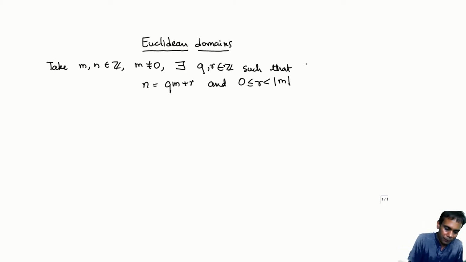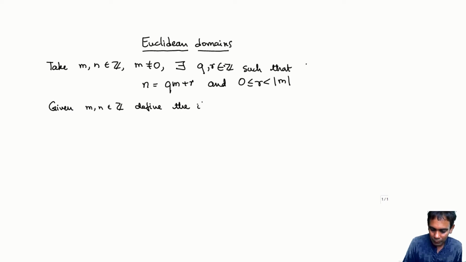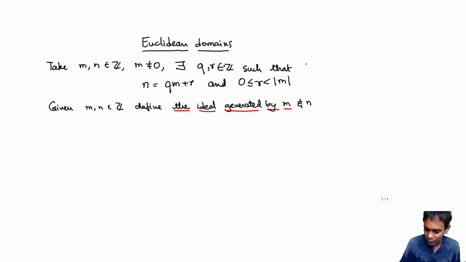So let me define, we can rephrase this GCD problem in another way. Given two integers m and n, I'll define the ideal generated by m and n. We'll see this notion of ideal in greater generality later, but right now we'll just look at this as the set.